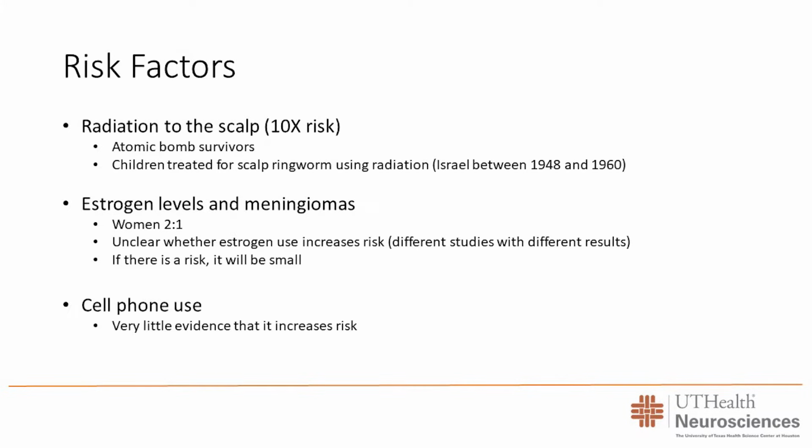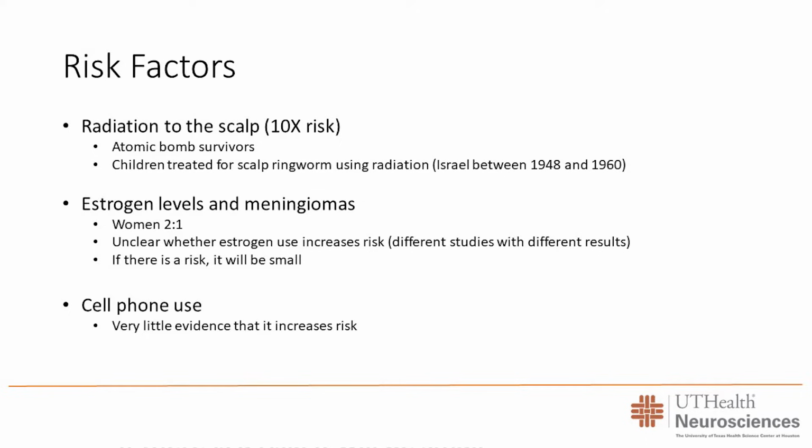So what are some of the risk factors? There are some definite known risk factors, and the largest one is radiation to the scalp. We know this for 2 reasons. One, there were atomic bomb survivors, and they do clearly have a 6 to 10-fold higher risk of developing a meningioma.